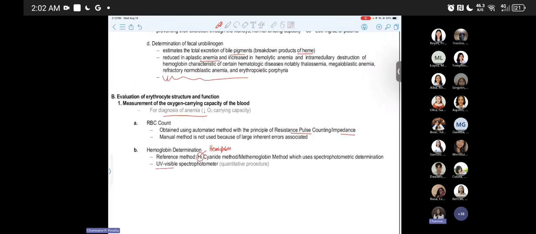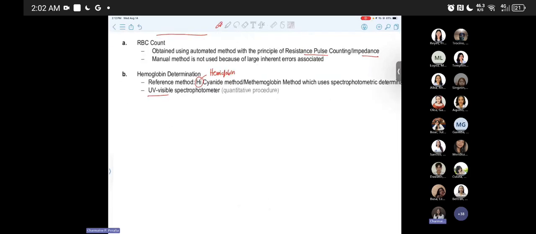Quantitative procedure, ang UV visible spectrophotometer. Dito sa hemoglobin determination, we have cyanmethemoglobin method.